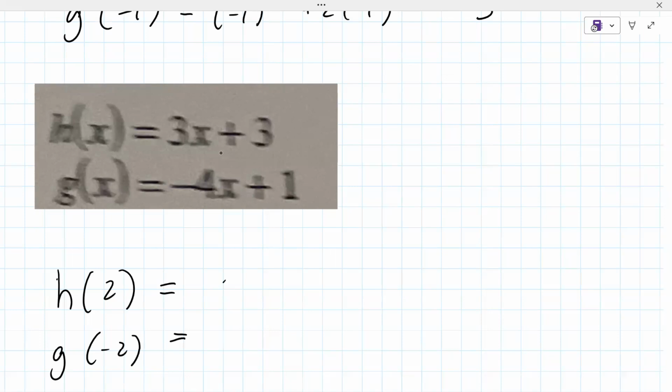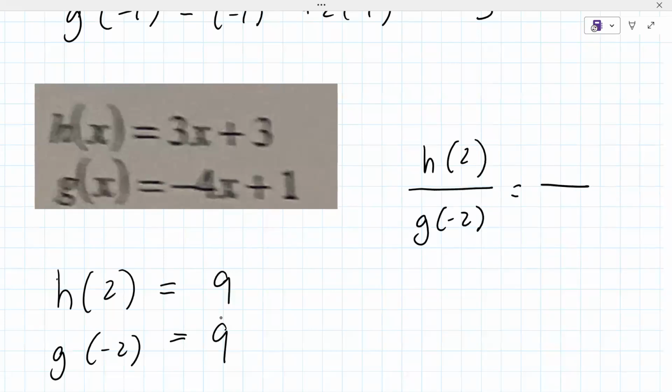Nine and nine. Very good. Now let's say the problem asks you to find h of 2 divided by g of -2. How would you use those two results that you just found? Plug them in. Tell me what would go on the top and the bottom. 9 and 9. Okay, and that would reduce to 1.